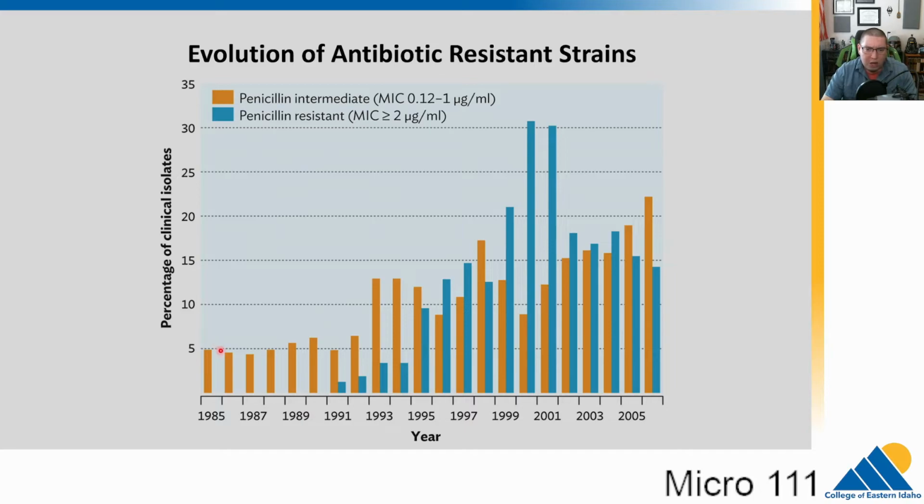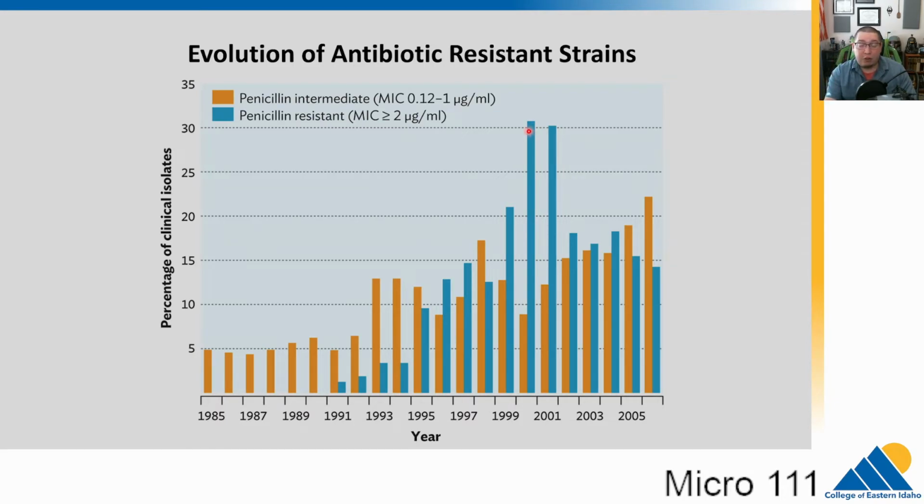There's always kind of been a background level of intermediate resistance, but it really started to increase in the early 90s. And then we also started to see an increase in fully penicillin-resistant strains, which actually peaked in the early 2000s, with about 30% of isolates showing penicillin resistance.